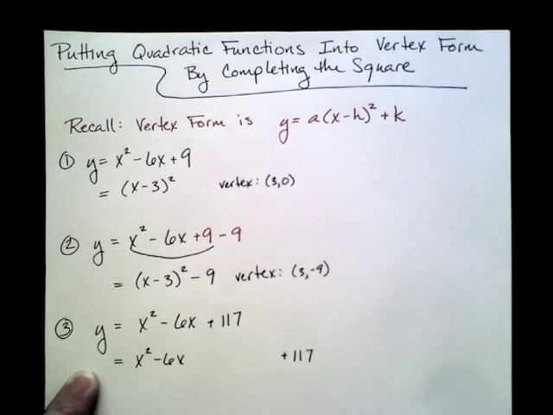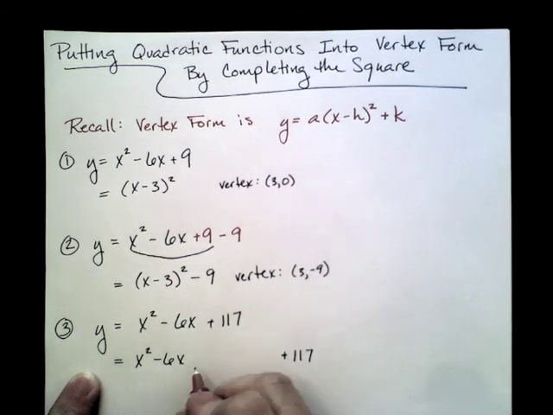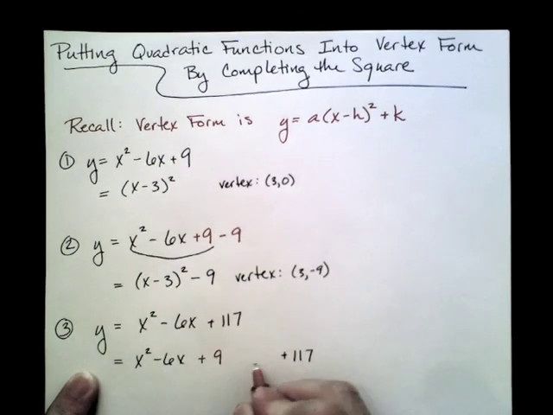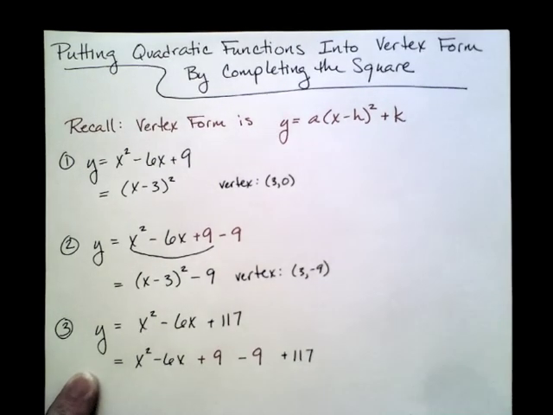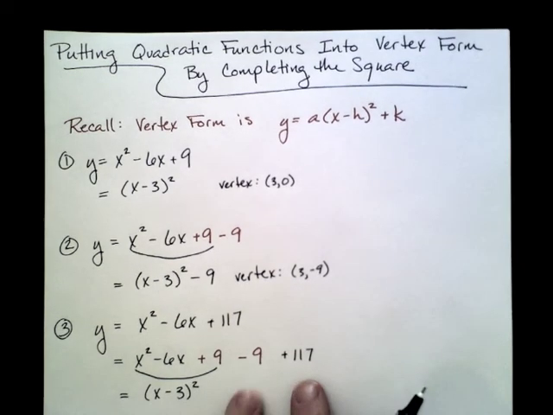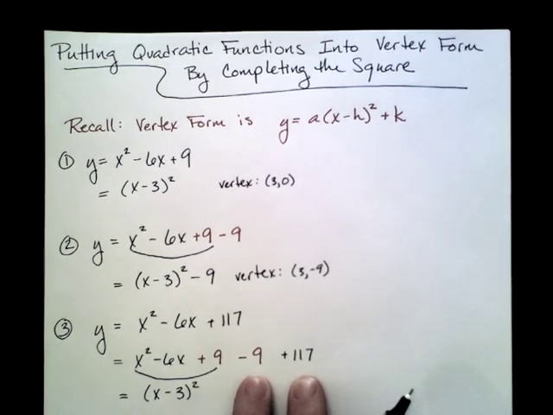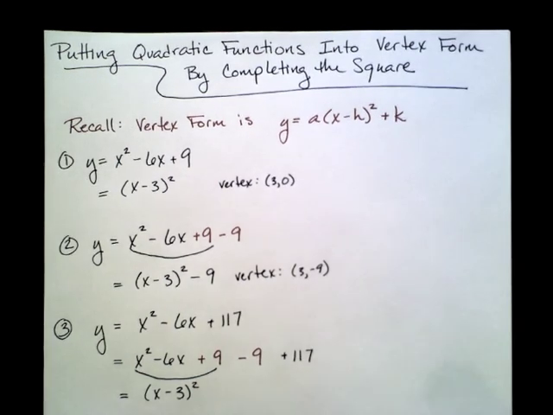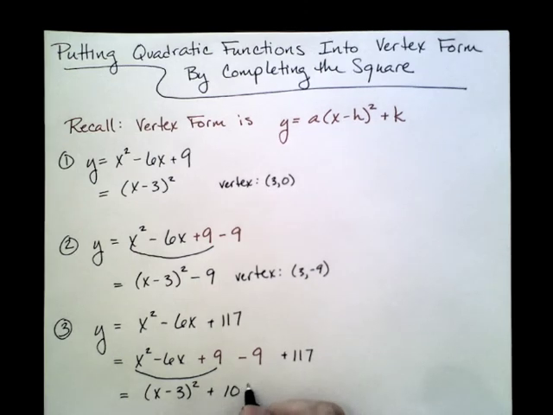And now I'm going to do the exact same thing that I did by adding in a 9 and subtracting a 9. That way I'm just adding in a fancy form of 0. This is my perfect square. And that factors as x minus 3 quantity squared. And then I have these two numbers on the outside. I can combine my like terms there and add up and end up with plus 108.